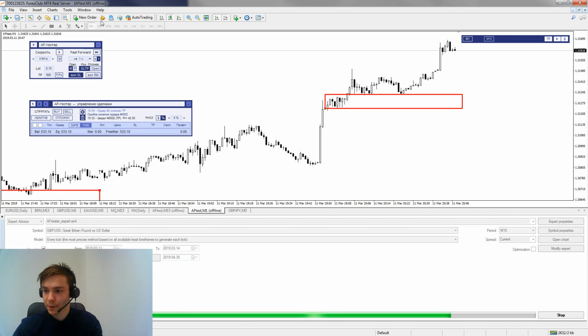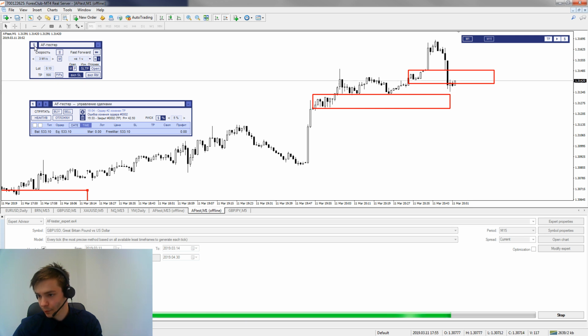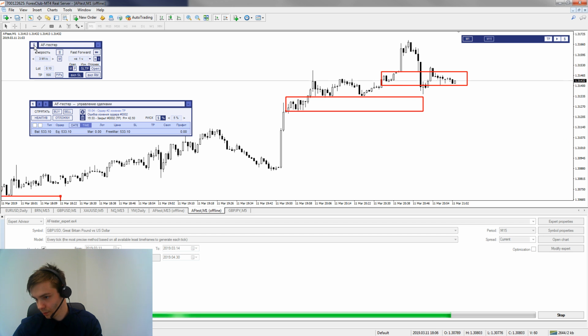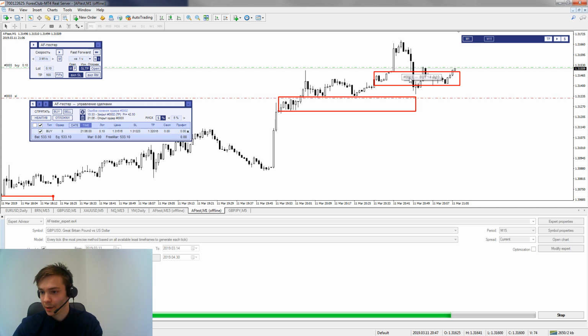Okay, really nice pattern here. We need to wait for the reaction. Probably we could open the trade here, but we are against the impulsive movement, so we need to wait for the reaction here also. What will happen? I think the bigger probability is that market will try to get there.